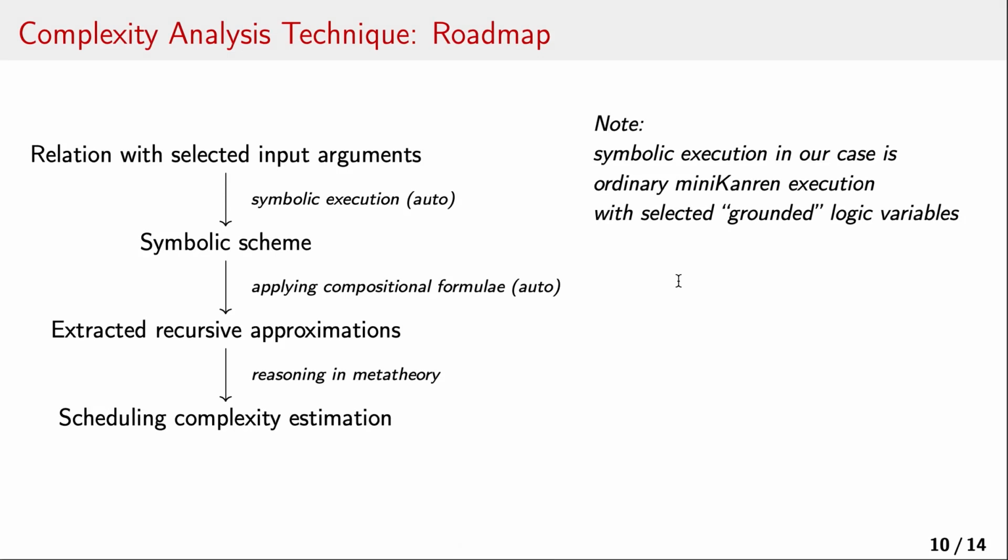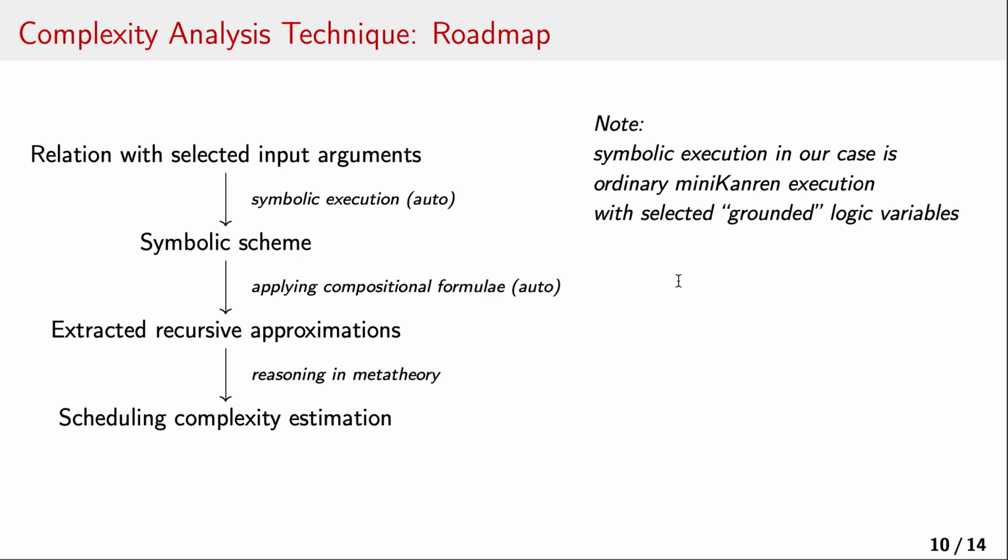Here is the roadmap of our approach. We take a relation with some arguments marked as input arguments, which will be substituted with ground terms, and we want to find how the time of search depends on these ground terms.